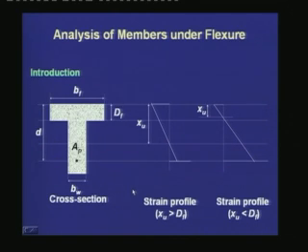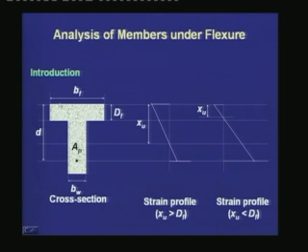There can be two situations. The first one, that the depth of the neutral axis at ultimate, which is represented as XU, is greater than DF, and in this case we treat the section as a flange section. But if the depth of the neutral axis is lower than DF, then we can treat the section as a rectangular section with a width of BF.